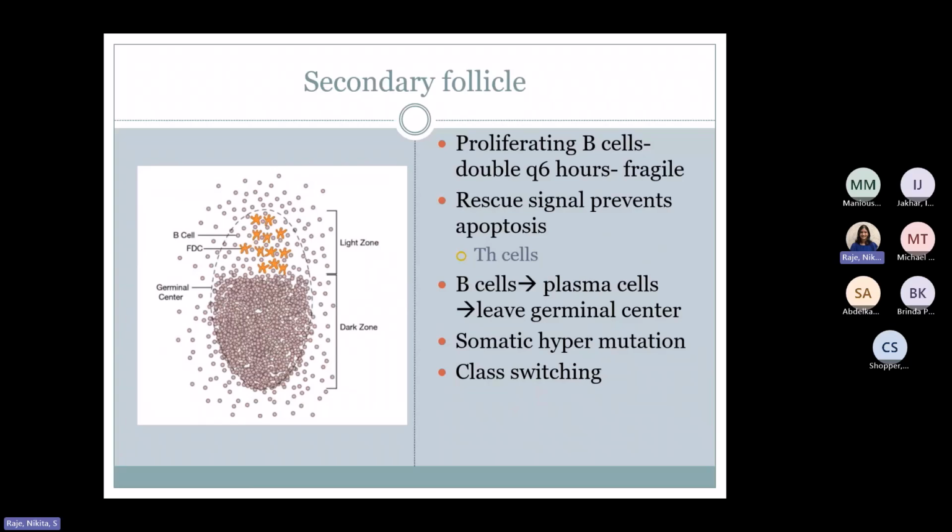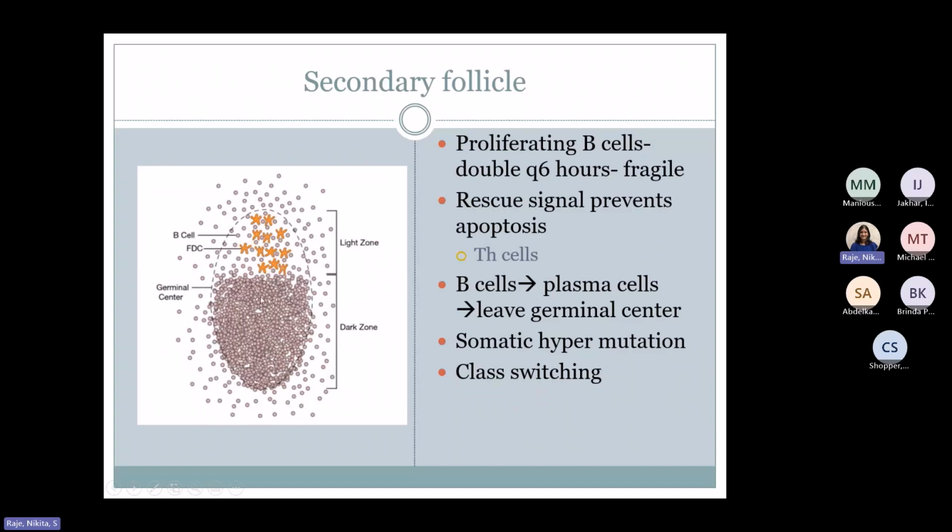As they go through these processes, they make a part of the germinal center that just has proliferating B cells, and they also have a region called the light zone. That's the dark zone, where there are proliferating B cells, and there is a light zone in the secondary follicle where there are follicular dendritic cells expressing those antigens.